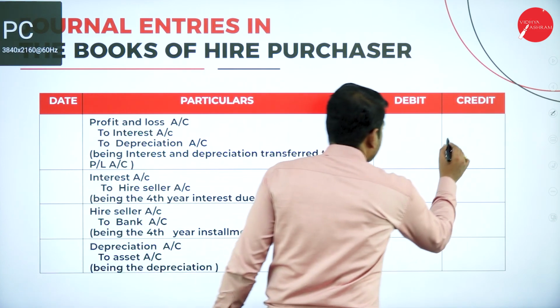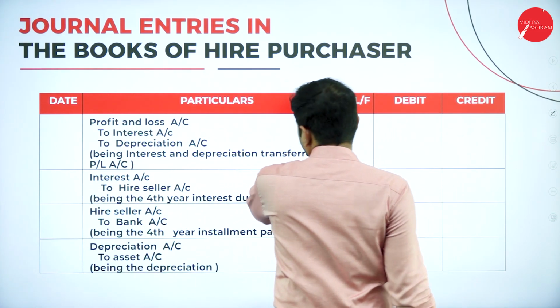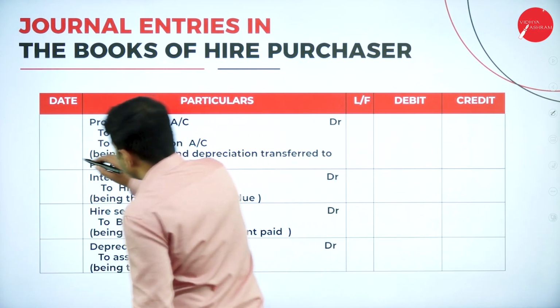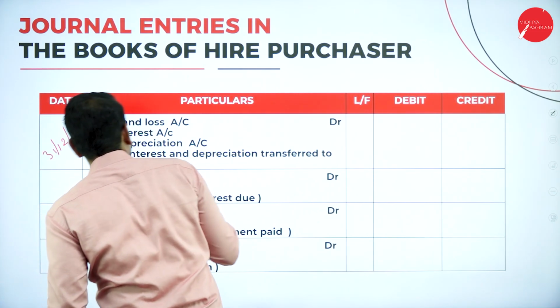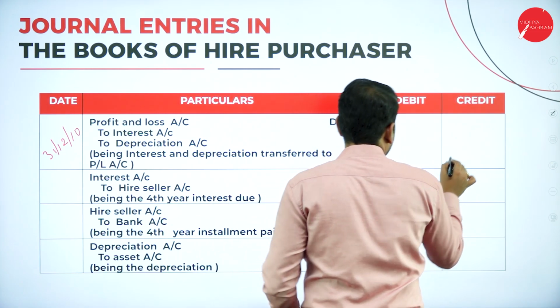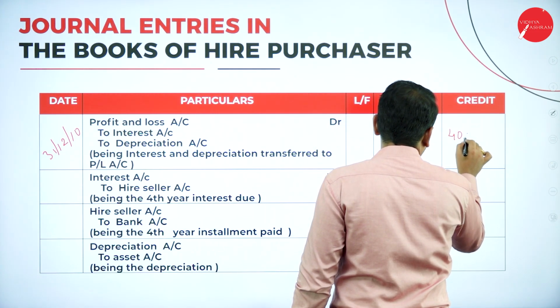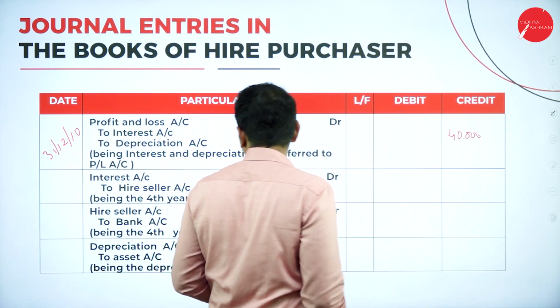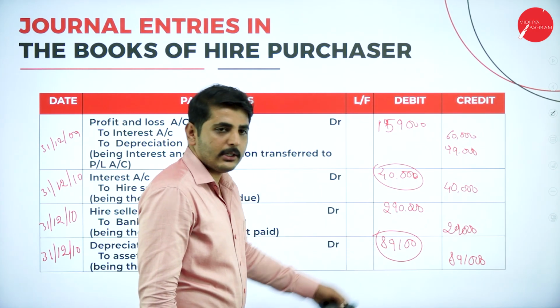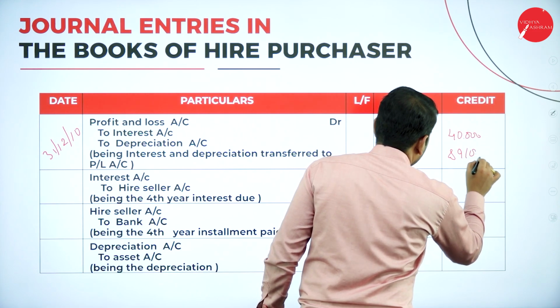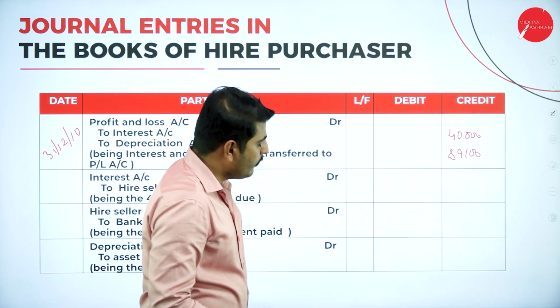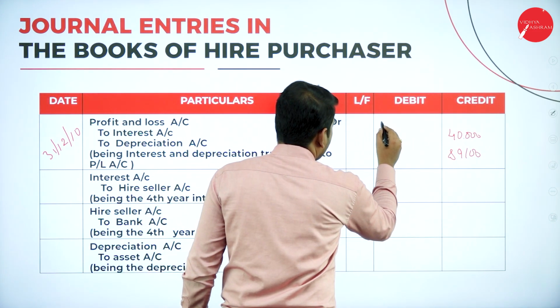So Profit and Loss account debit to Interest. Date is 31st December 2010. 40,000 is the interest, depreciation is 89,100, and the total is 1,29,100.